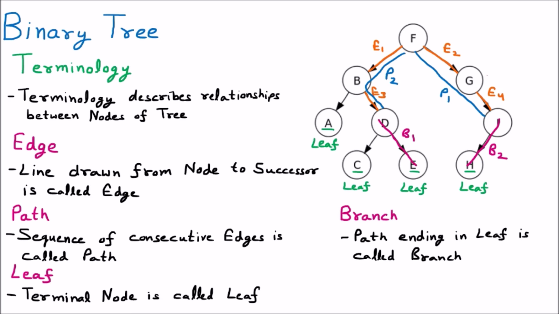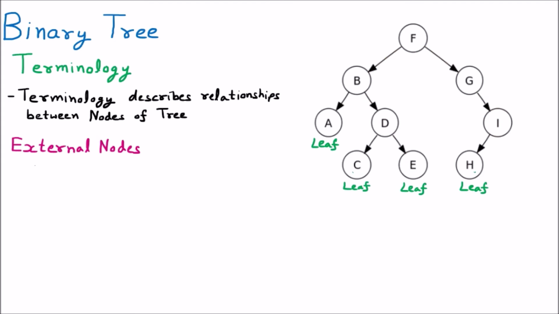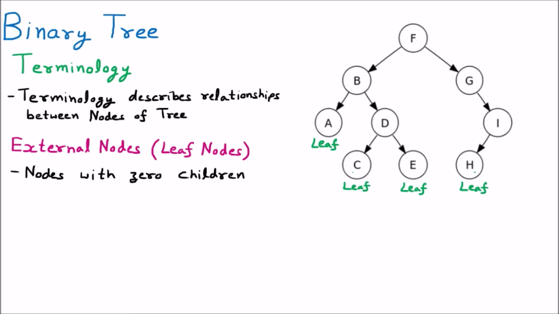Now we are discussing the next thing, which is called external nodes and internal nodes. First of all, we are discussing the external nodes. External nodes are also called the leaf nodes. The nodes which have 0 children are called the external nodes or leaf nodes. We know that in a binary tree we have 0, 1 or 2 children.